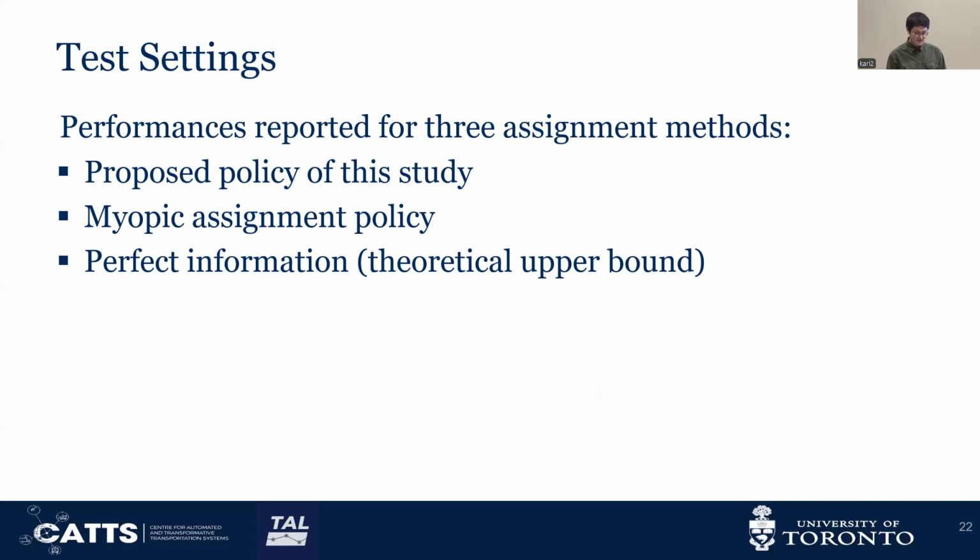Perfect information is like saying every single open work piece is revealed at the very beginning of the workday, so the transit garage has full information of where to assign each driver. Obviously that's not realistic, but it acts as a theoretical upper bound performance. And performances are reported as an average of all the 1,000 simulated scenarios.